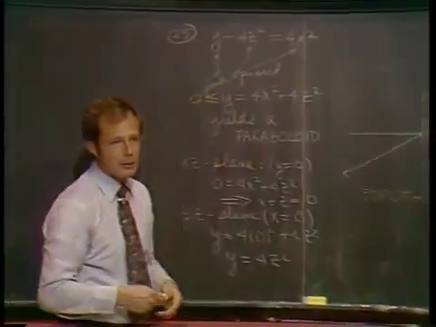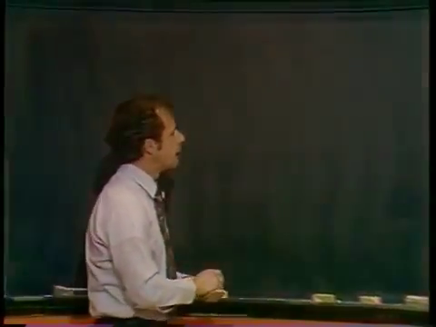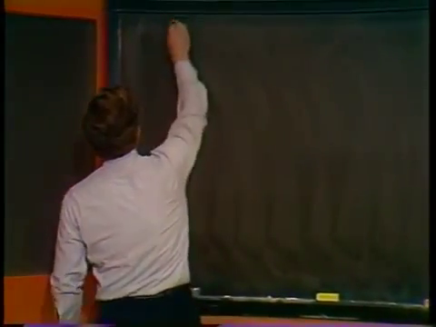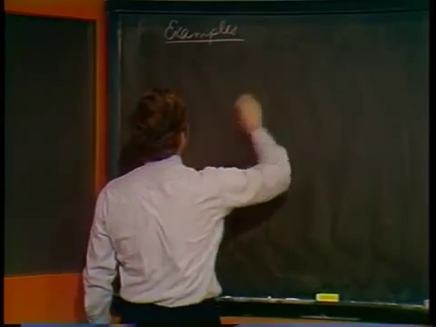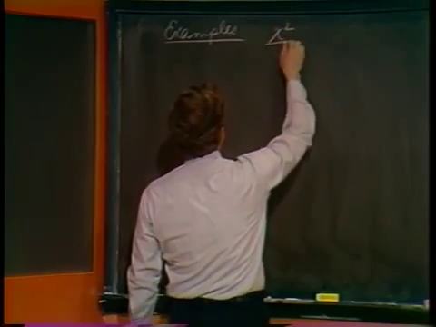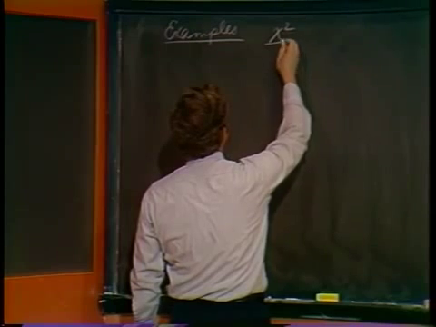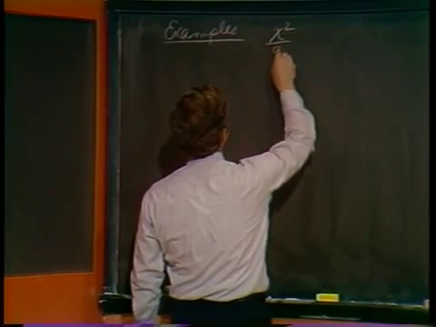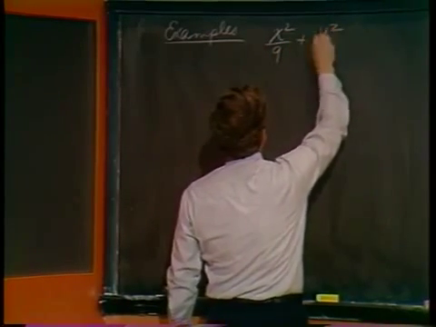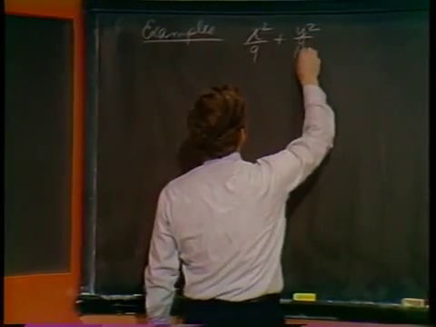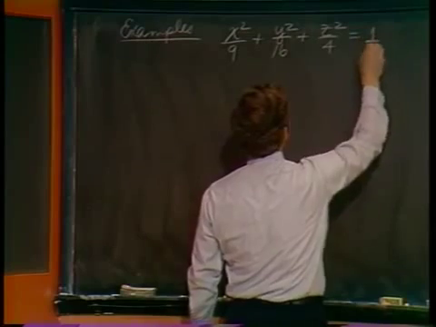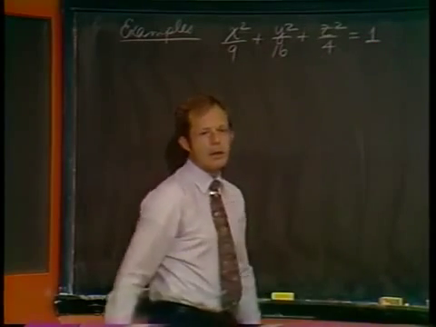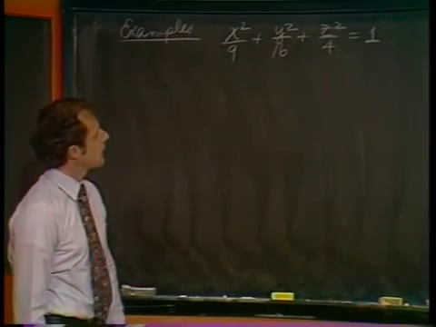We'd like to see what happens to ellipses and hyperbolas and what have you. So just as a sequence of examples, let's start out with an equation, x squared over 9 plus y squared over 16 plus z squared over 4 equals 1. Again, I'm choosing things that are squares just to make life easy.